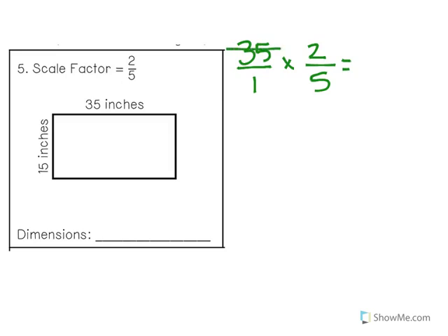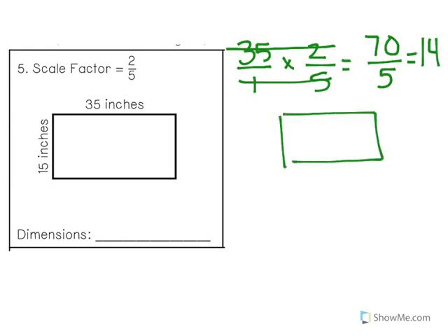I know that 35 times 2 is 70. 1 times 5 is 5. And 70 divided by 5 is equal to 14. So that means my new rectangle is going to have a length of 14.